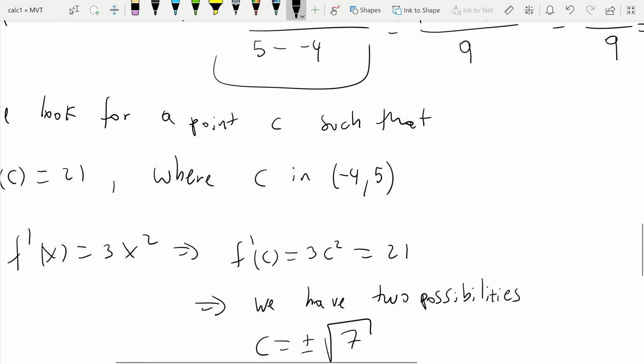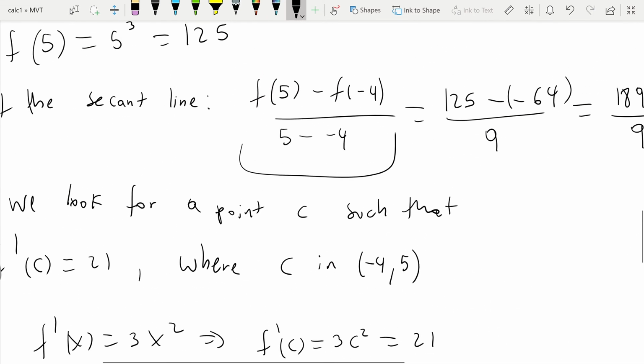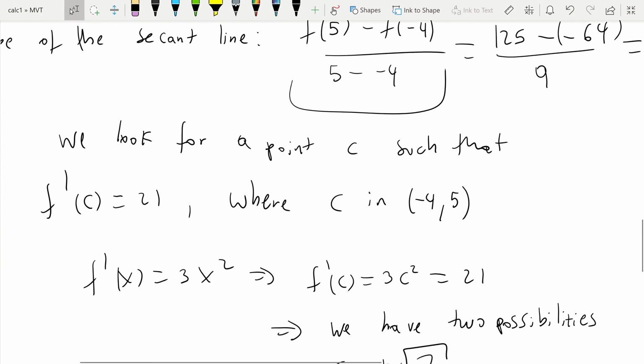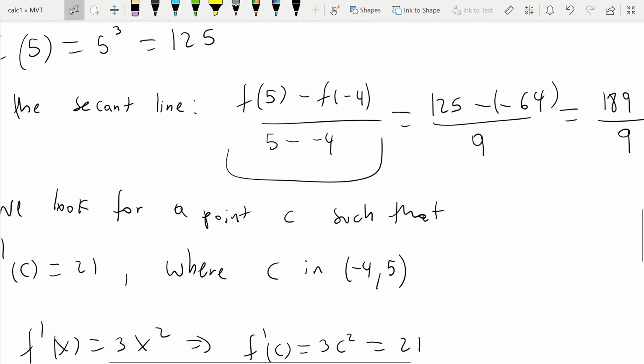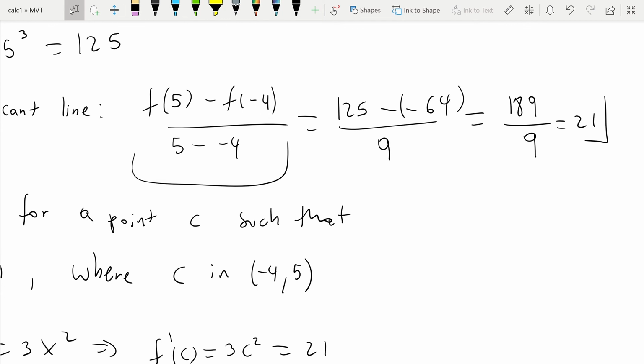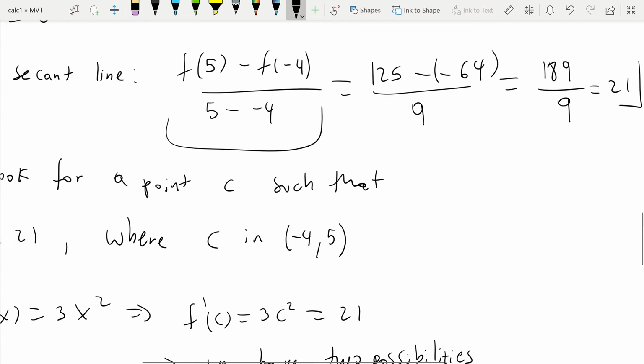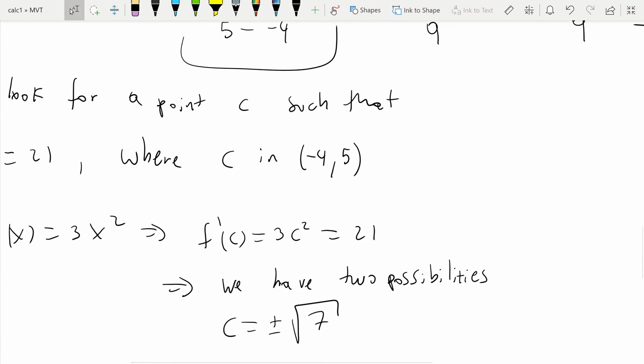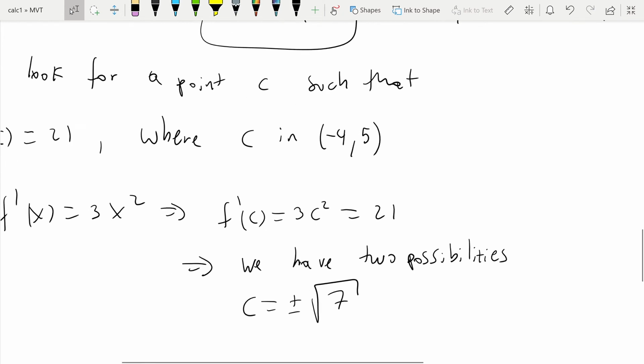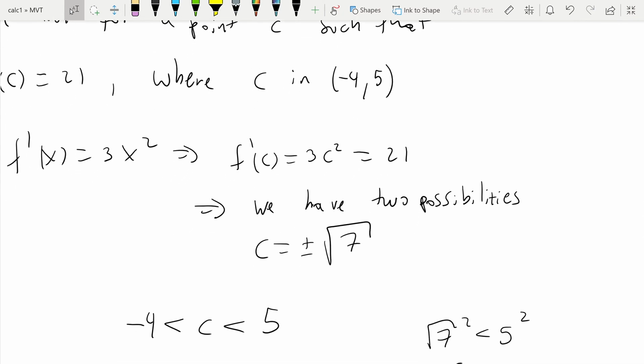So again, these kinds of problems are not very difficult. You only need to compute the secant line, so just get this number. And this is your target. Solve the equation f prime equal to the number that you found, just plugging the values of f at the endpoints and computing this quotient.